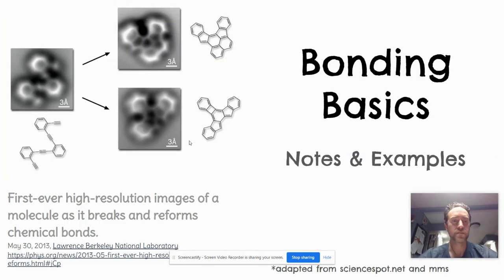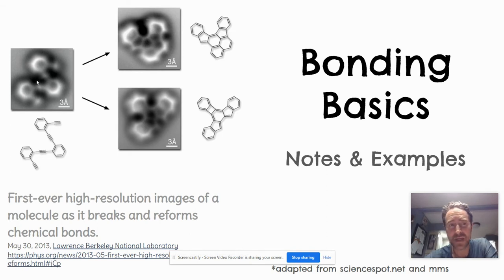First up, we have some high-resolution images of a molecule as it breaks and reforms chemical bonds. They use a light telescope, and you can see here it's kind of blurry because it's really tough to see.